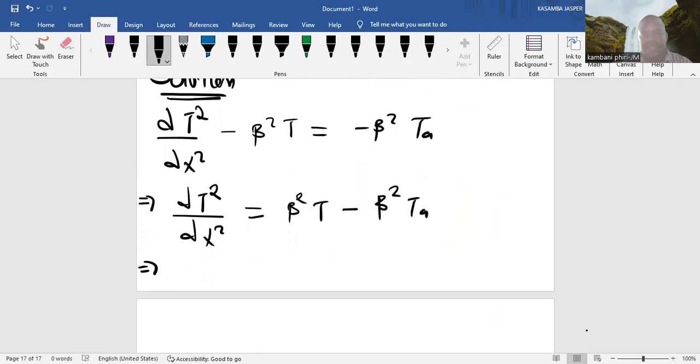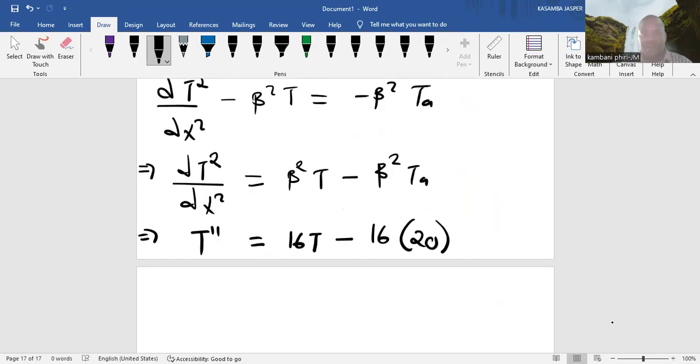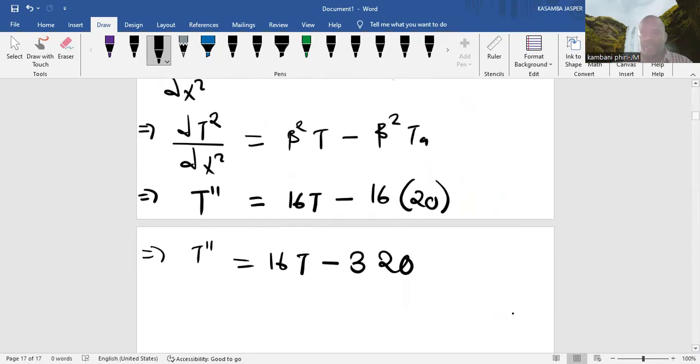Since this is a second derivative, we can just say T double prime is equal to, but our beta squared has been given to be 16, so we have 16T minus 16 times Ta, which has been given to be 20. Okay, I'm comfortable with that form. So T double prime is equal to 16T minus 320 when you work it out. So this is the differential equation that we are going to use. All right.